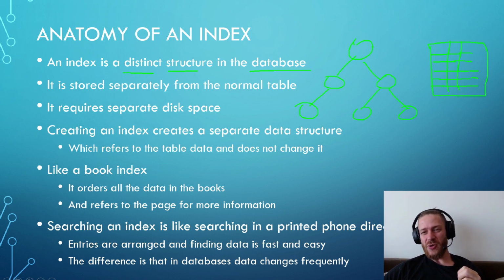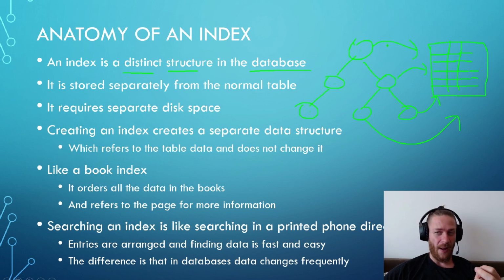And this separate structure actually refers to the original table. So every time you search for an entry, and the database can use the index you created, it will search in the index first because it's faster this way, and then it will find which table rows refer to this index data, and then it will fetch the data rows for you.